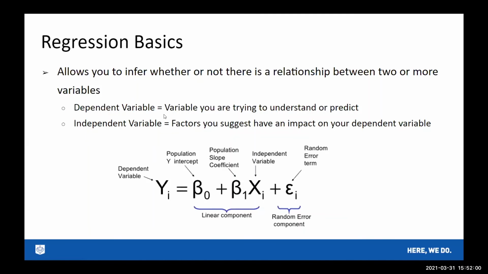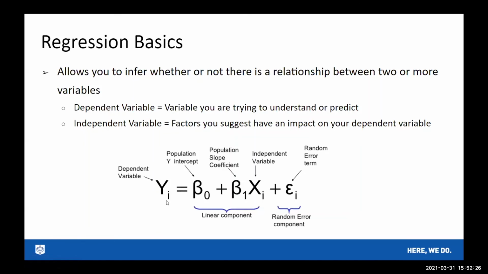Our dependent variable, or the y variable, is the variable that you're trying to understand or predict, which is here in our function. And then the independent variables are the factors you think have an impact on your dependent variable. So we have our intercept for a population, that's our beta 0. If you remember y equals mx plus b, this would be our b, beta naught.